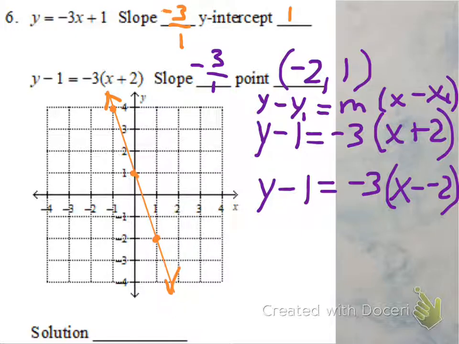All right, so now we'll plot a point at -2, 1. And then we're going to use our slope to find other points. Go down 3 to the right 1. You can also go up 3 to the left 1. Connect those and we'll have our line.